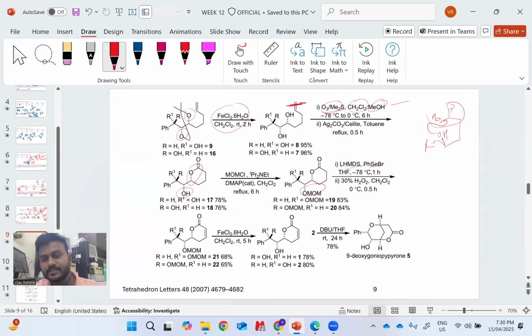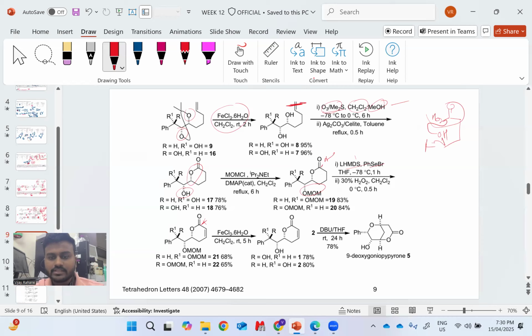And further LiHMDS and PhSeBr. So LiHMDS, what does it do? It's a base, right?